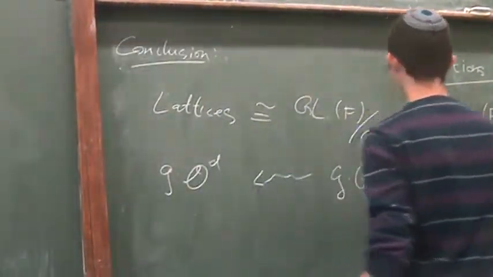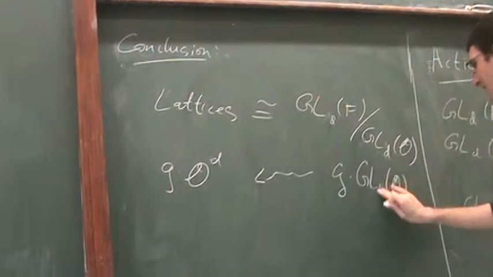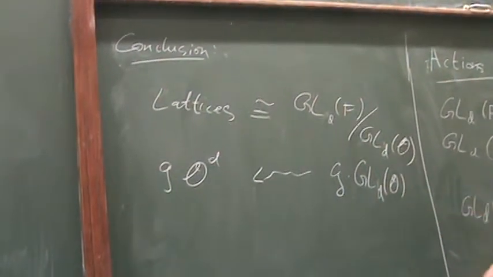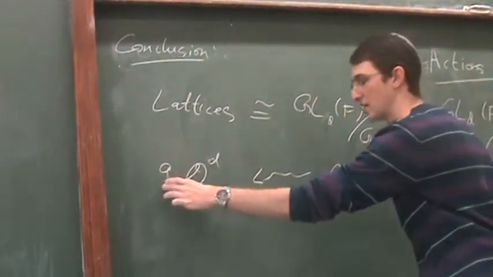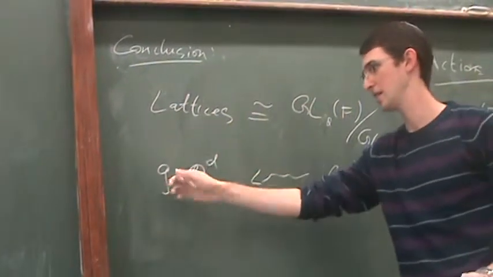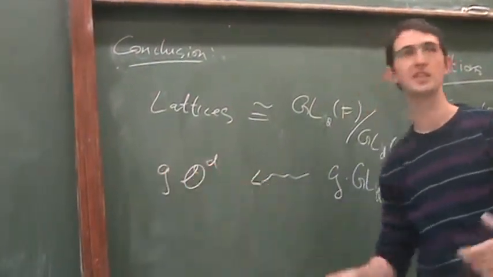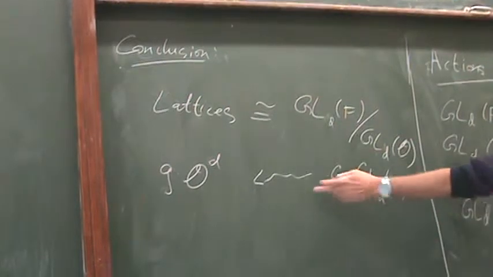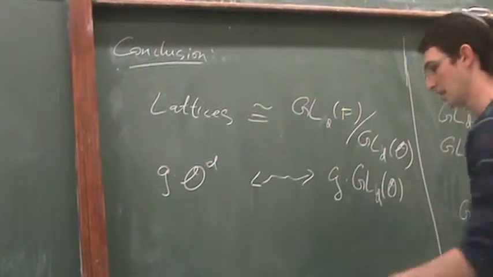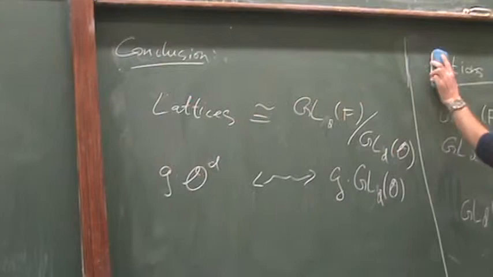Why do I keep writing N? Okay, this is the equivalence. So just write your lattice as g times O^d, and send it to the coset.